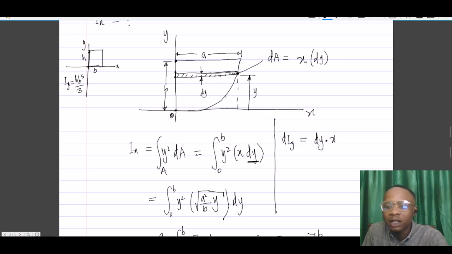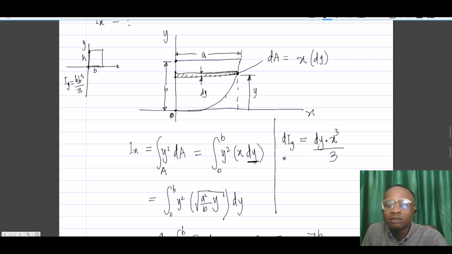This will be multiplied by x to the power of 3, all over 3. That gives us the moment of inertia of this elemental area about the y-axis.